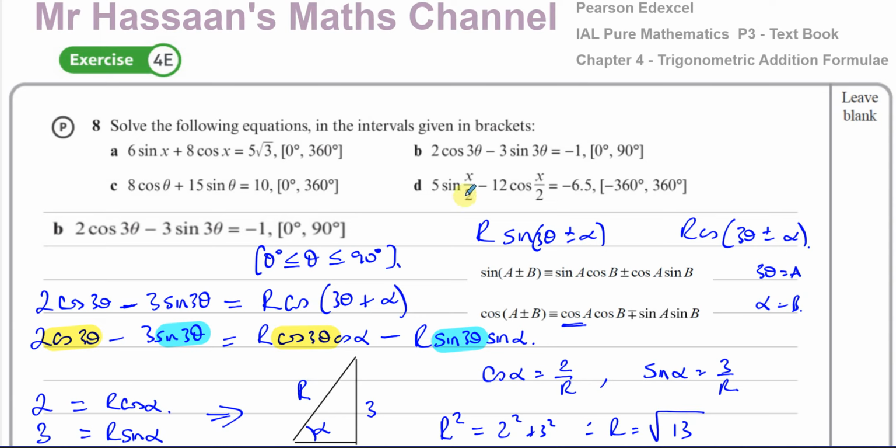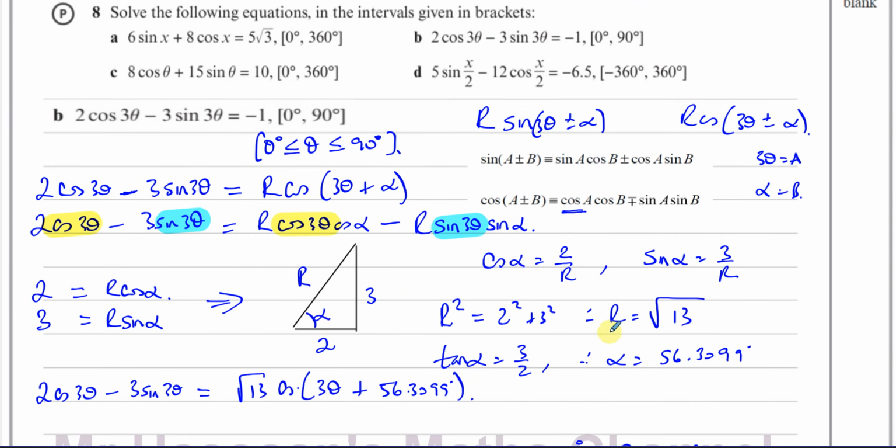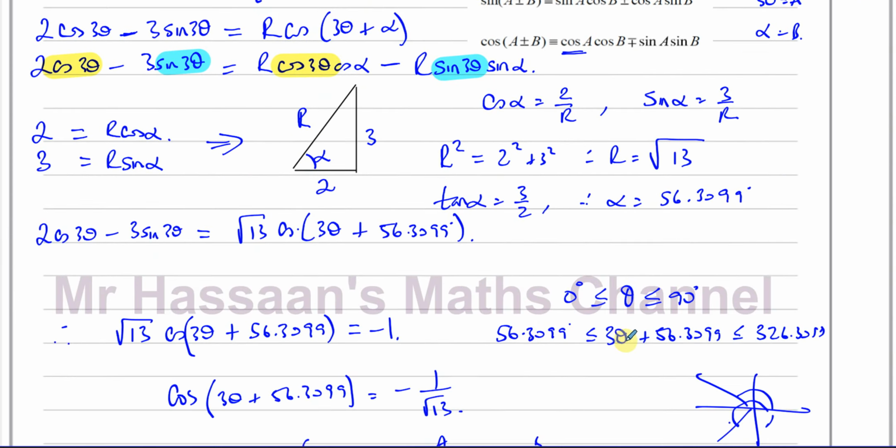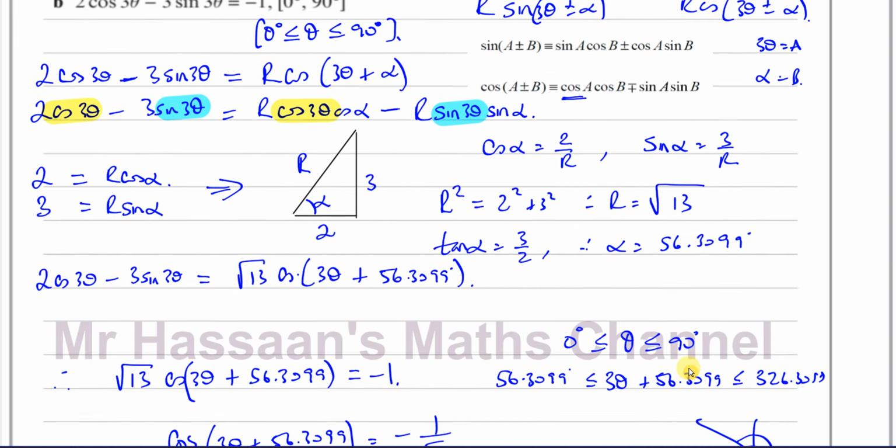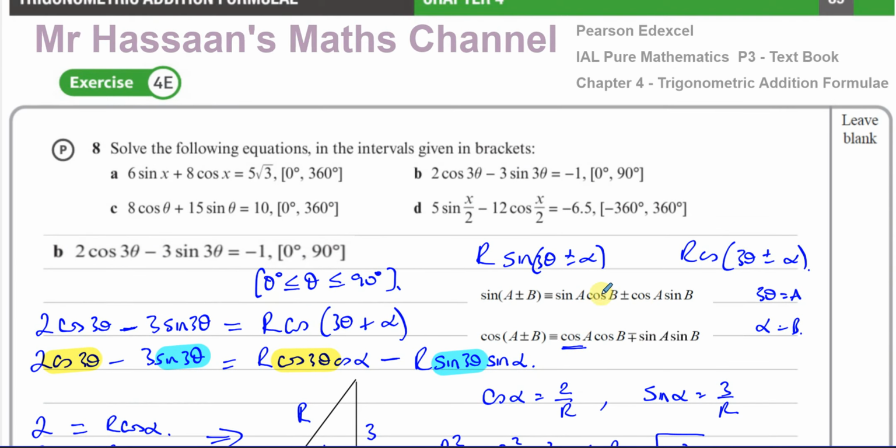So this is going to be sine and then minus cosine, so it takes the form sine A minus B. This will be rewritten in the form r sine of x over 2 minus alpha, and you would follow the same procedure to find what r and alpha are and then solve it. In this case, the limits are between minus 180 and 180 when you're gathering your answers. So these two follow a very similar pattern.